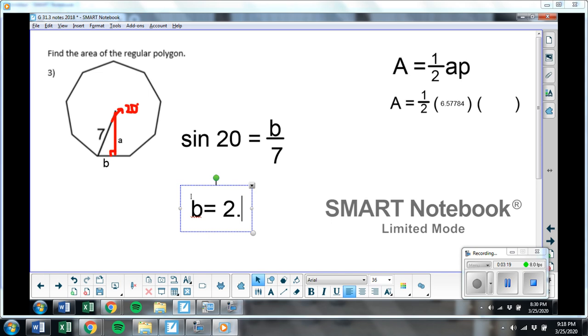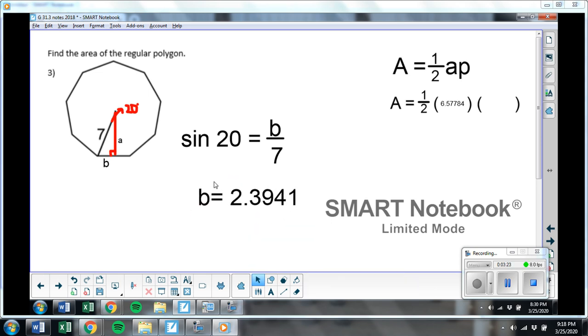Pause the video at any time if you need to think about something a little longer. Now, that's B. That's not the perimeter. That's just B, which I'll highlight in purple. That's just that part, which now I can find the whole thing. That whole side is B times 2.